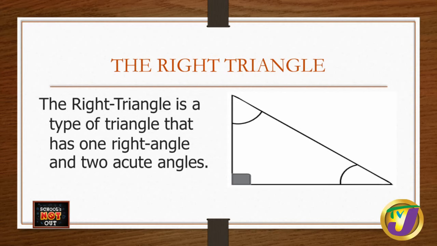In our right triangle, our right angle is represented by the little square box on the bottom left corner of our triangle, and the two acute angles are represented by the angles outlined. Before you go any further, Burrell, could you remind me what are acute angles? Acute angles are angles that are less than 90 degrees. Okay.